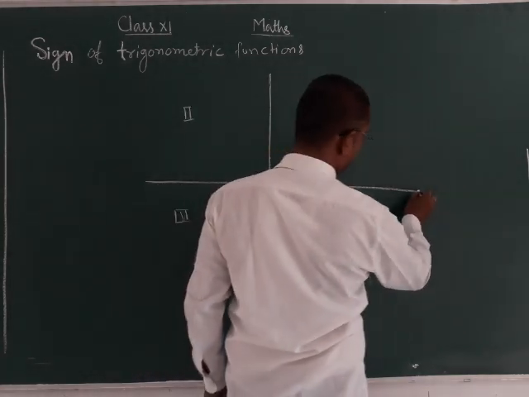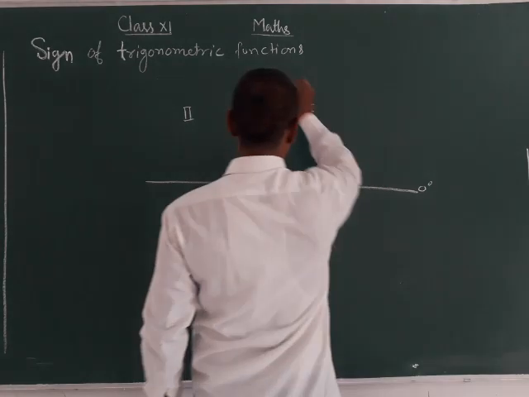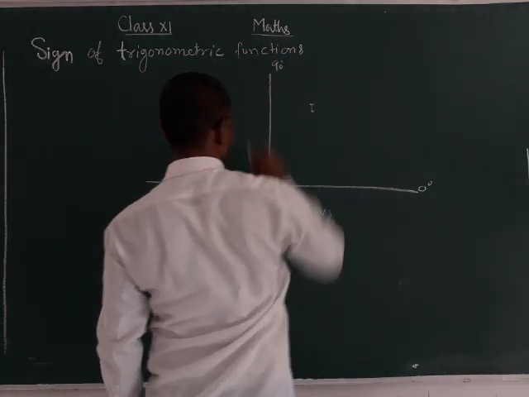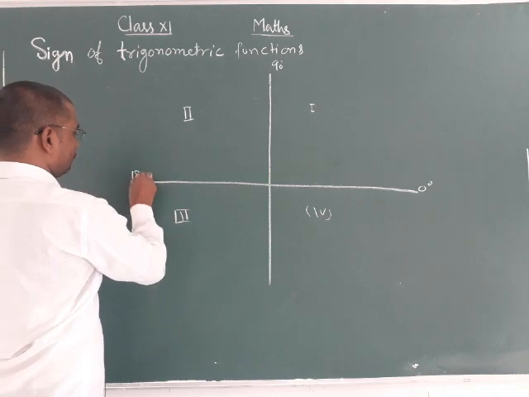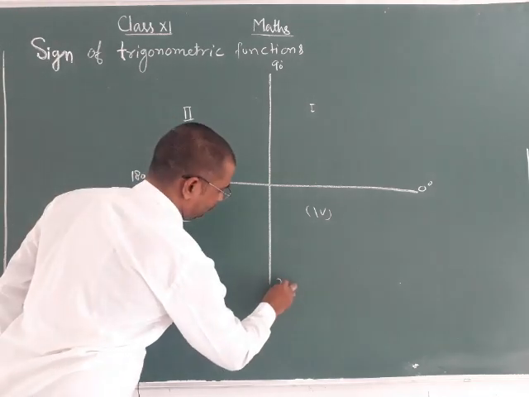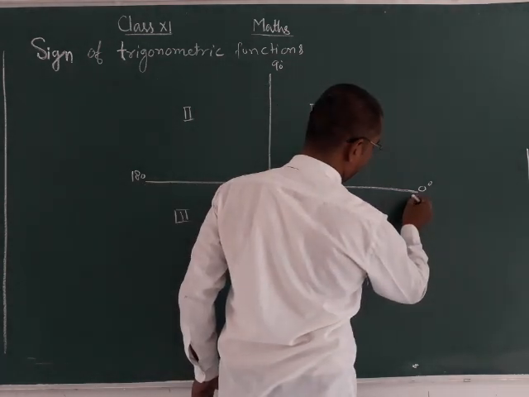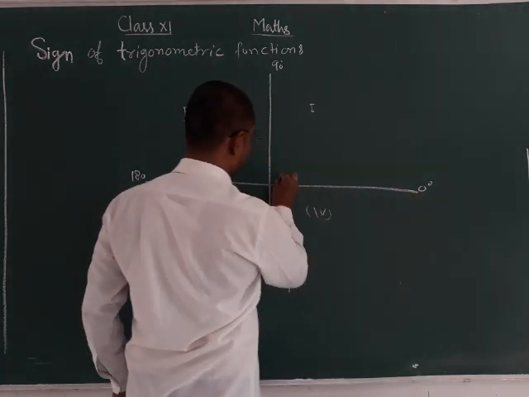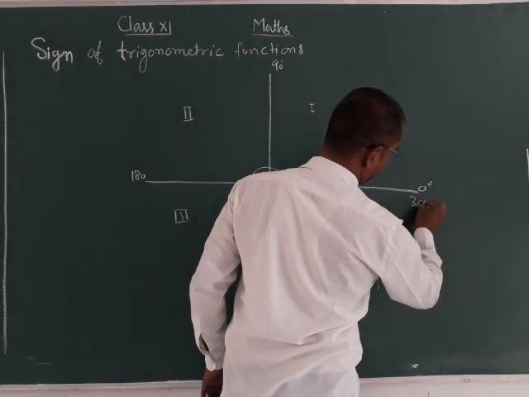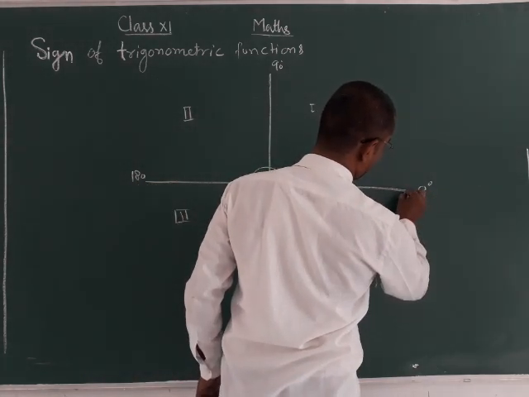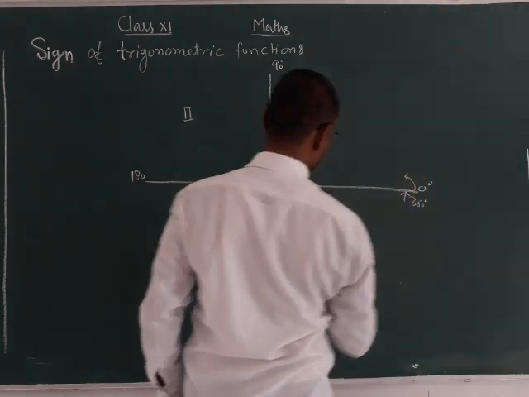And the angle goes from 0 degree to 90 degree, 90 to 180 to 270 degree. At last one cycle is complete, so one cycle completes at 360 degrees.